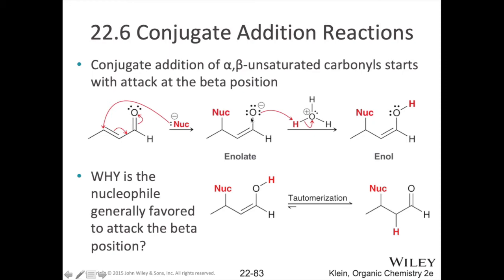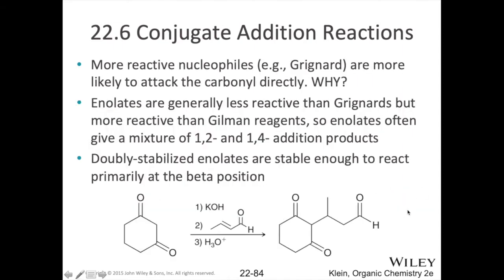You make this enolate, you do a proton transfer, make the corresponding enol, which then tautomerizes to give your product. Okay. In the case of a Grignard reagent, which is more reactive, it's going to instantly react with that carbonyl carbon, which is just more electrophilic, right? It's right next to that really electronegative oxygen. So the more reactive Grignard just attacks it directly.